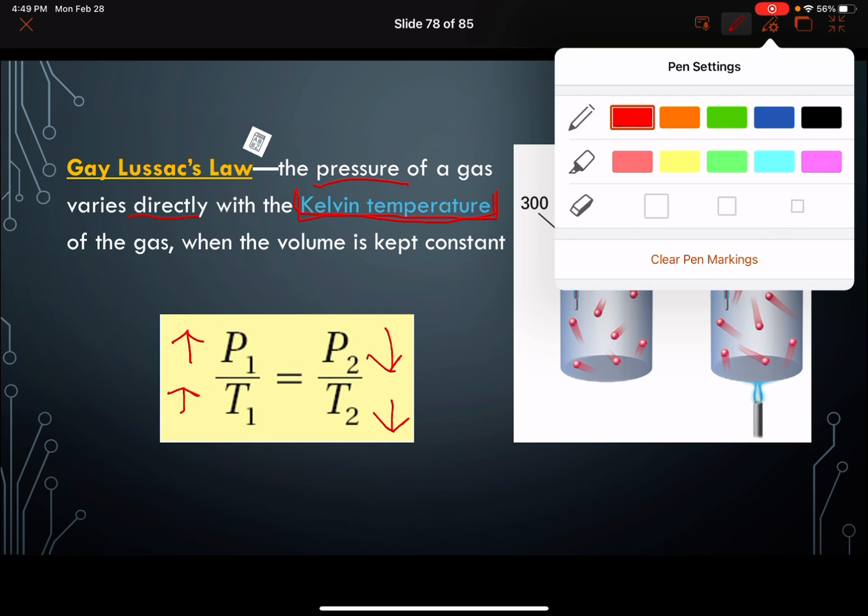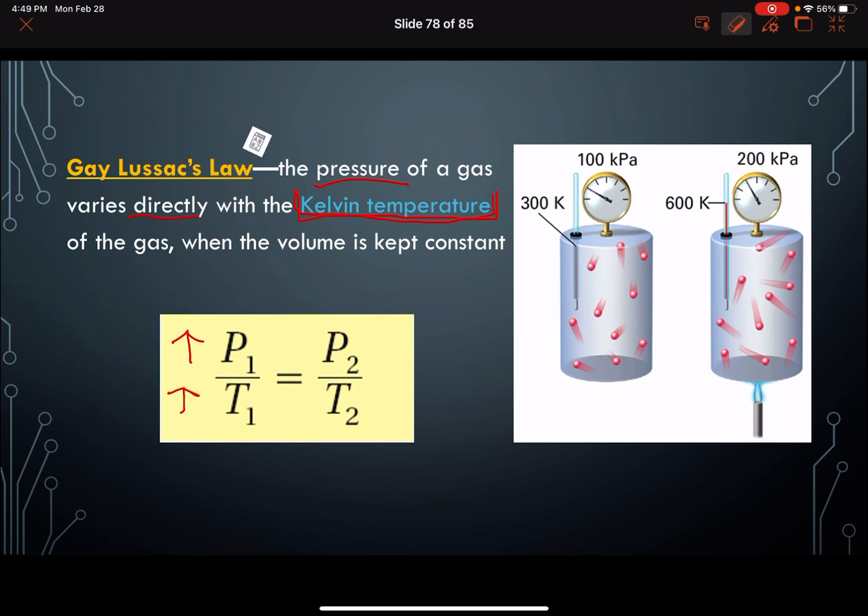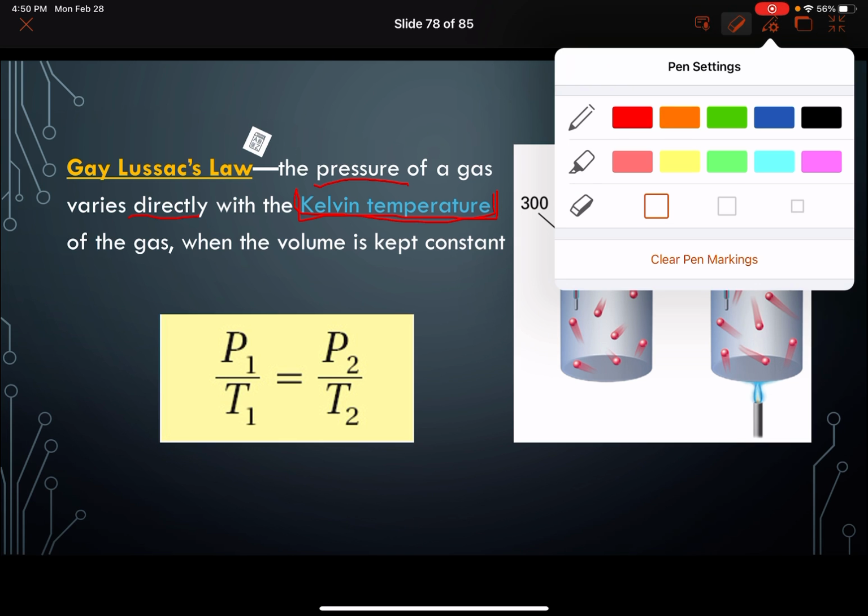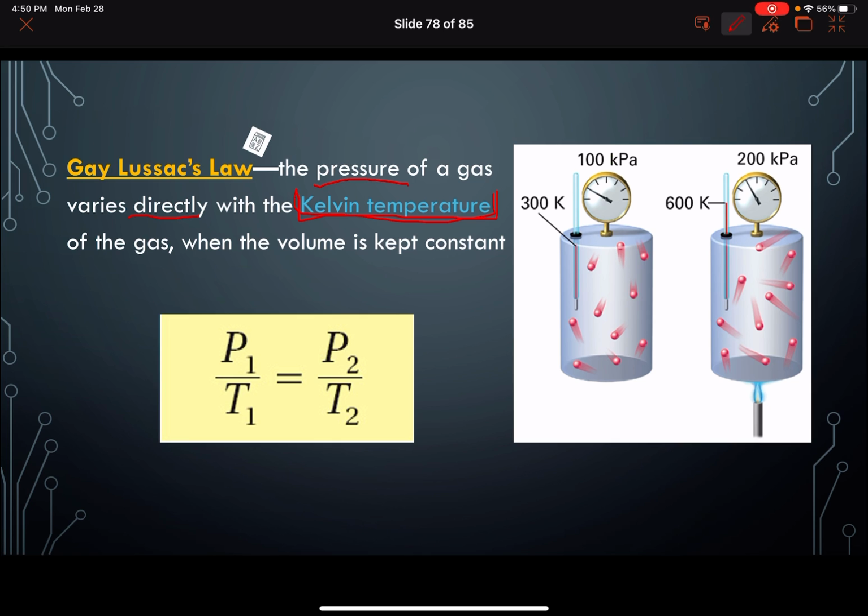Okay, so let's solve. We have four variables: pressure 1, temperature 1, pressure 2, temperature 2. Let's solve for each one of these, where each one is all by itself on the left hand side of the equal sign. Pressure 1 equals pressure 2 over temperature 2 times temperature 1.